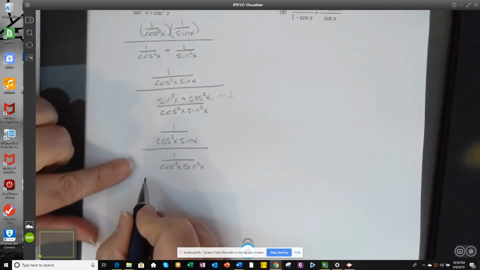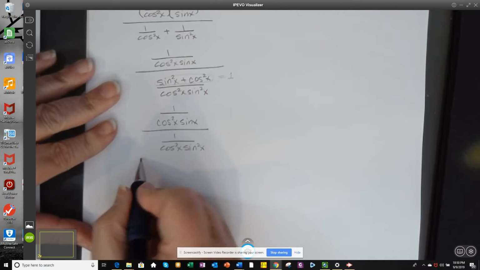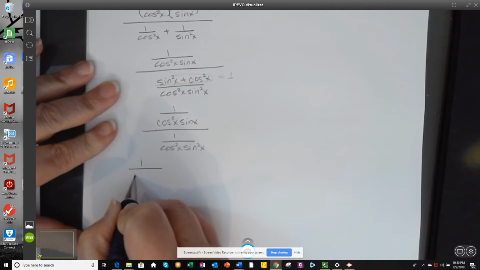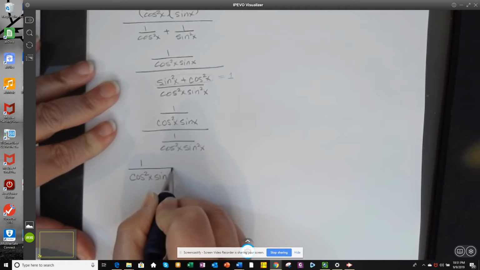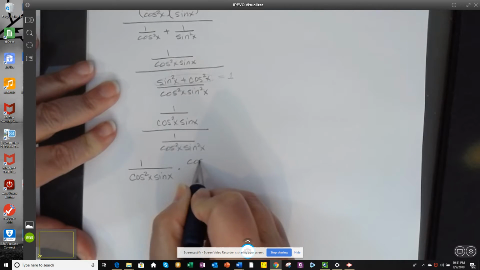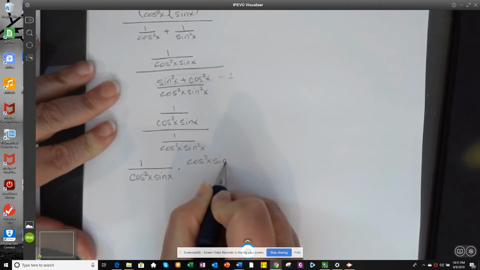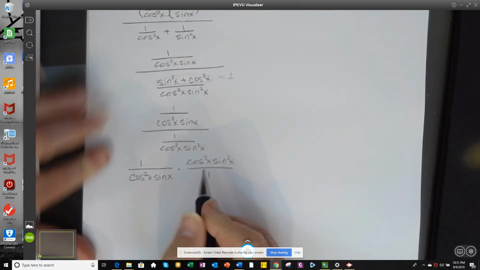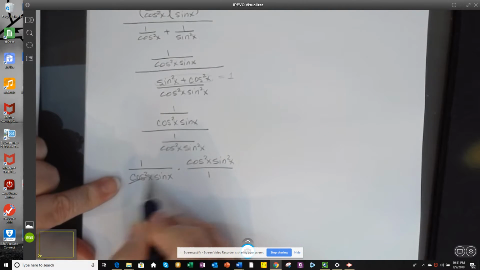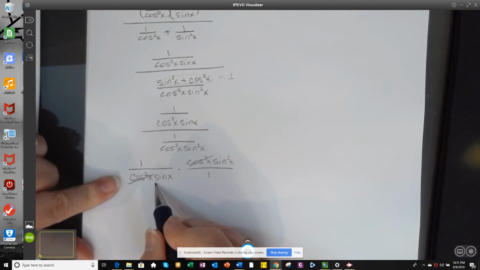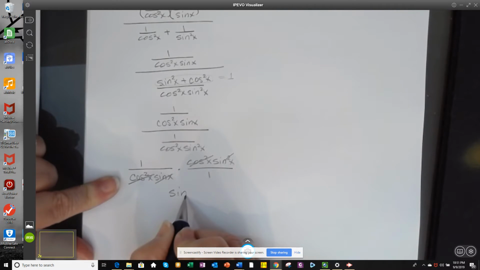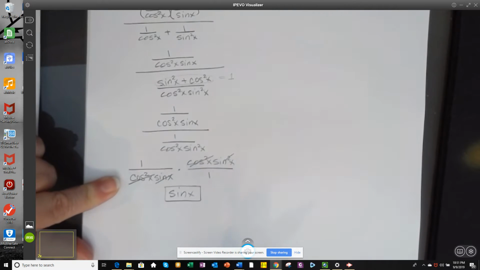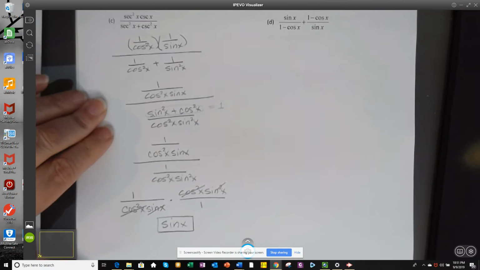And I can keep the numerator using my algebra of fractions here, 1 over cosine squared x sine x times cosine squared x sine squared x all over 1, and I can cancel out some factors here. Well, cosine squared and cosine squared cancels, and I can get rid of this sine squared and one of these, and I'm left with simple, lonely old sine x all by itself, which is what the directions wanted us to do.